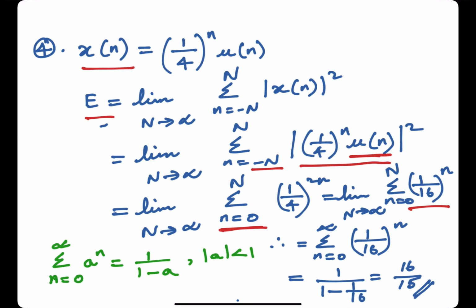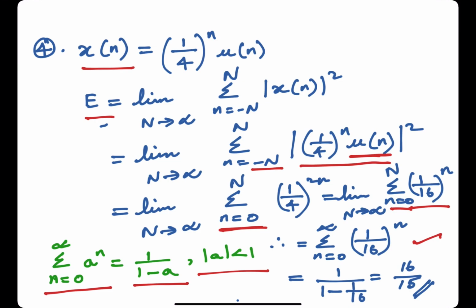That is limit n tends to infinity summation n is equivalent to 0 to n 1 by 16 the whole power n. So this is our summation now, and we have to simplify this. For simplifying that we use the standard result, that is summation n is equivalent to 0 to infinity a power n is equivalent to 1 by 1 minus a, provided mod a is lesser than 1. Here the condition is satisfied.